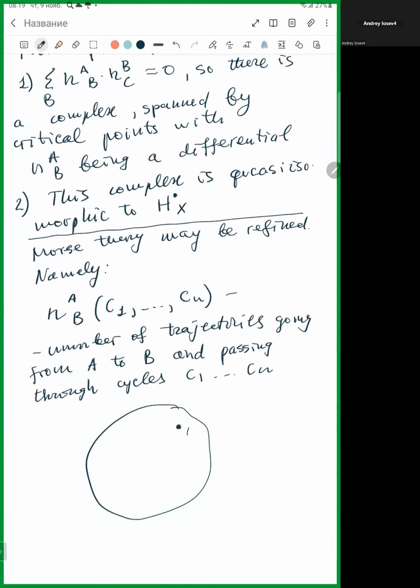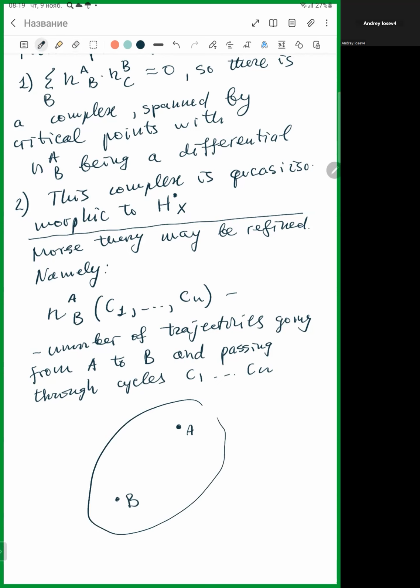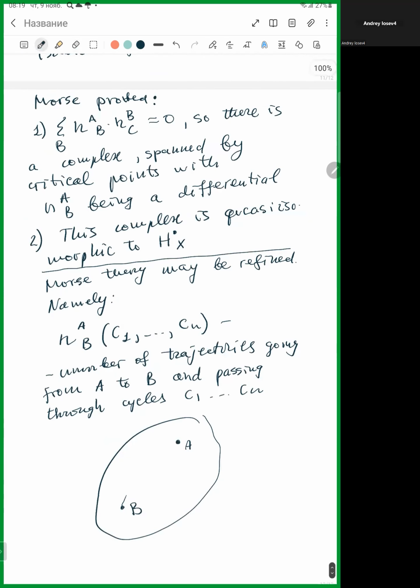And this is the picture that we have already met. It is a new enumerative problem.